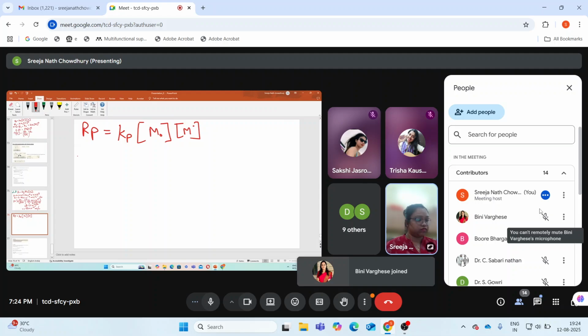Okay. So now this is problem number 24. Ri will be 1.32 into 10 to the power minus 8, whereas the concentration of m dot is equal to 1.05 into 10 to the power minus 8 mole per liter, whereas Rp equals 1.42 into 10 to the power minus 5 mole per liter per second.